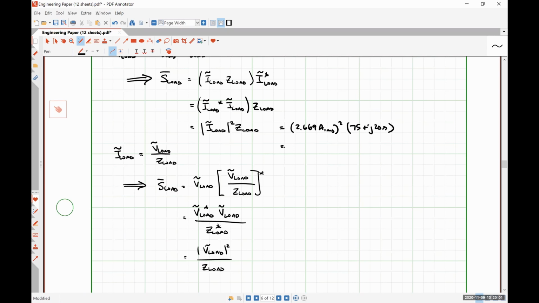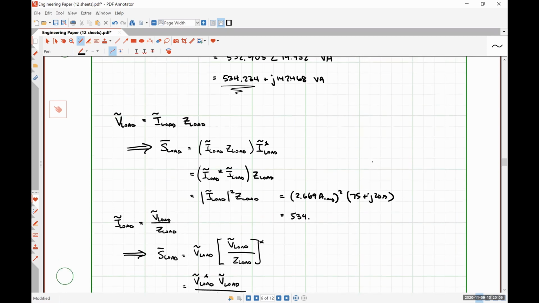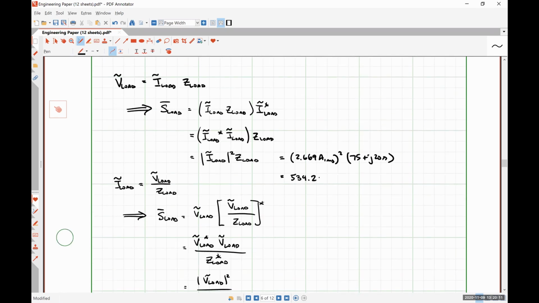Convert the answer to rectangular, and we get 534.26. All right, so I'm having 267 here. It's just rounding error. Plus j142.471. So we still get the correct average power.